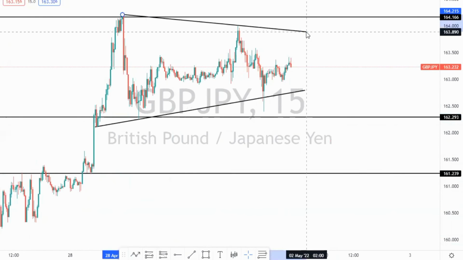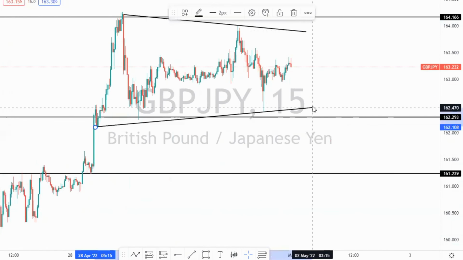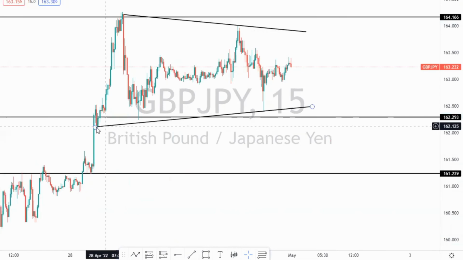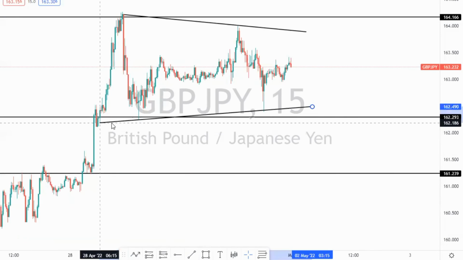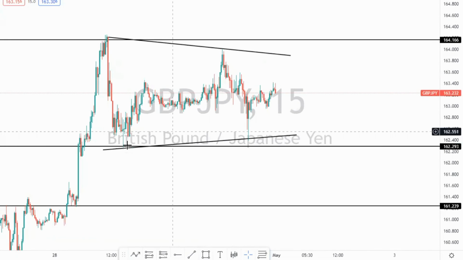And then on my resistance, I actually have 2 touches. Let me cater for these touches. Okay, beautiful. So one thing that I'm seeing is that we are actually trading between these two levels, right? We're actually trading between these two levels.